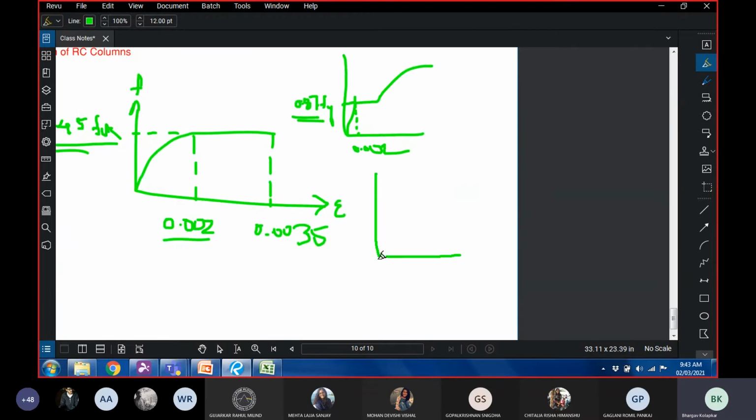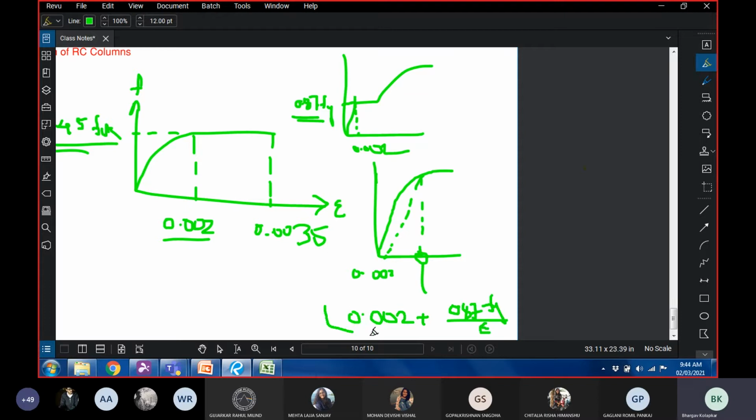But we have seen that if it is a high strength steel, we draw this parallel line at 0.002, and this is our yield strain, and this value is 0.002 plus 0.87 Fy upon E. So this is when the stress is equal to 0.87 times Fy.